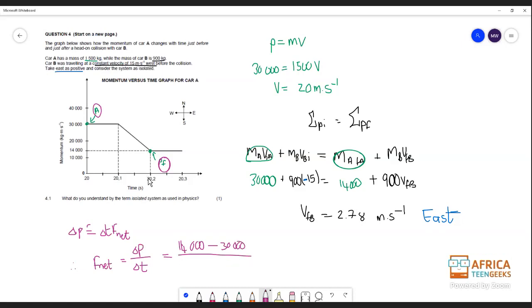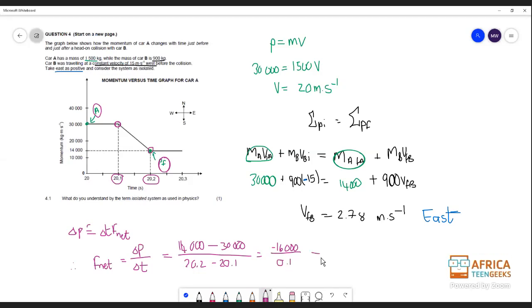divided by our time, and we're going to get our time from over here. So you look at this point over here where your graph starts going downwards to this point over here where it becomes constant again. This is your change in time. So it's 20.2 minus 20.1. That gives me negative 16,000 divided by 0.1.